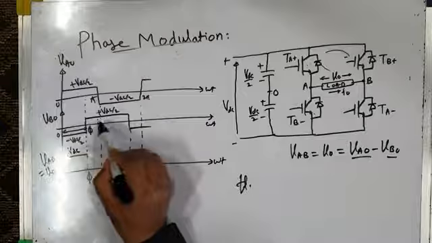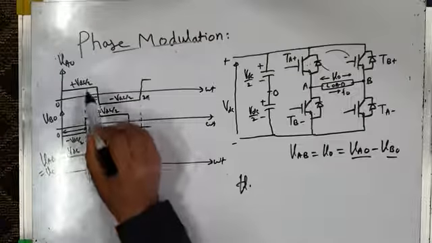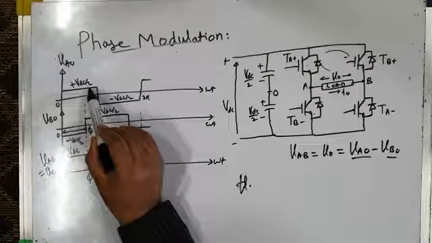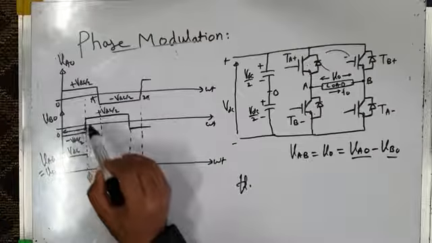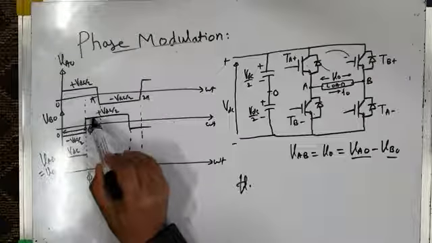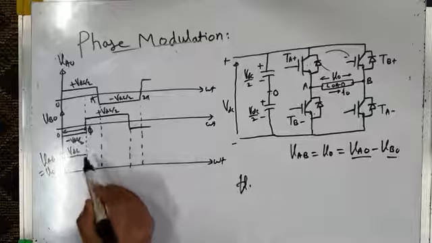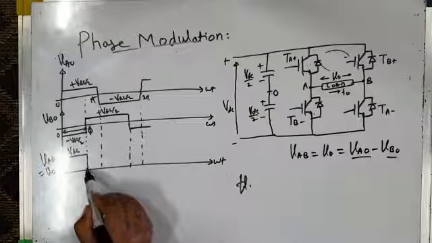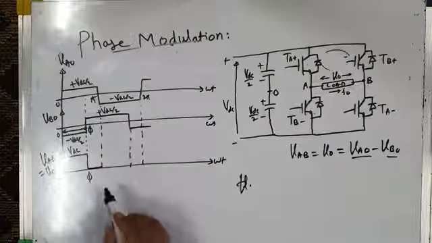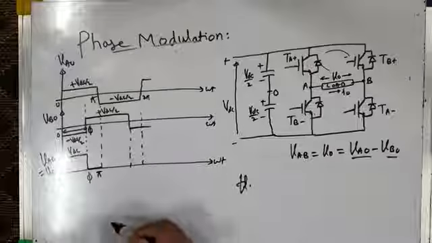And from phi to pi, my pole voltage VAO is plus VDC by 2 and VBO is also plus VDC by 2. So VDC by 2 minus VDC by 2 becomes 0. So I am making load voltage 0 from phi to pi.